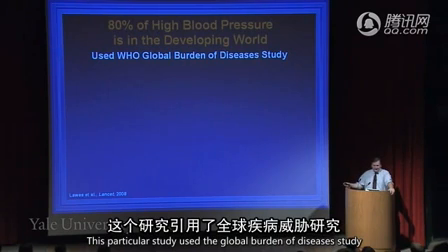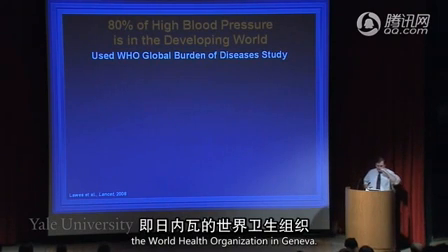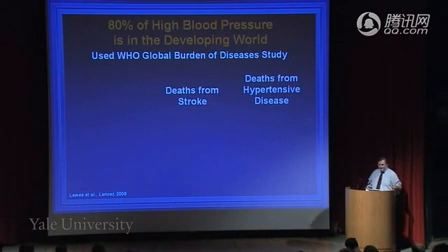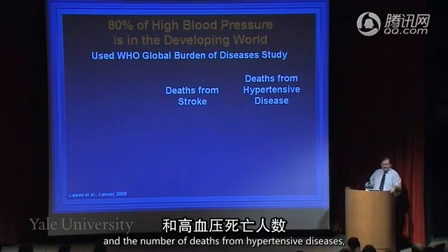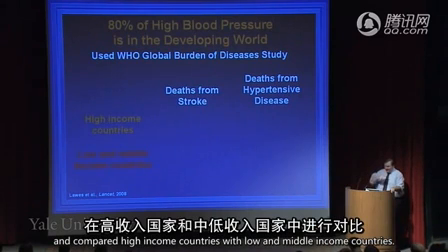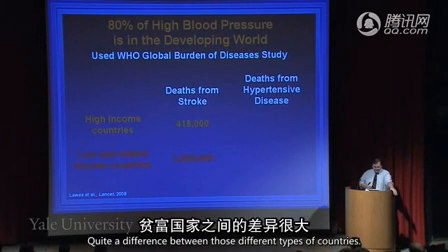This particular study used the Global Burden of Diseases study that's done by the WHO, the World Health Organization, in Geneva. So what these investigators did was look at the number of deaths from stroke and the number of deaths from hypertensive diseases and compare high-income countries with low and middle-income countries. And here are the number of deaths from stroke, quite a difference between those different types of countries.